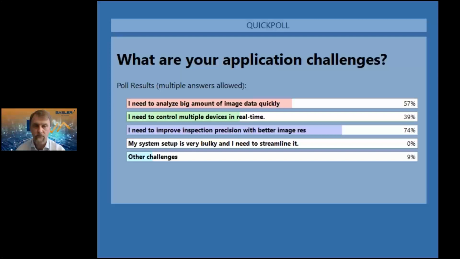Secondly, I need to analyze a big amount of image data quickly. Thirdly, I need to control multiple devices in real time. And lastly, other challenges. Okay, over to you, Bill.